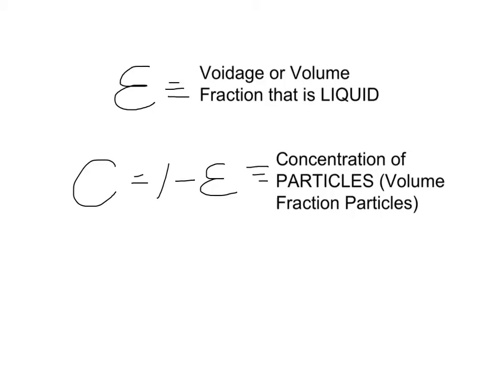So again, we have epsilon, which is the voidage or volume fraction that is the liquid, the percentage that is liquid, and c, the concentration of particles, or the volume fraction that is the particles.